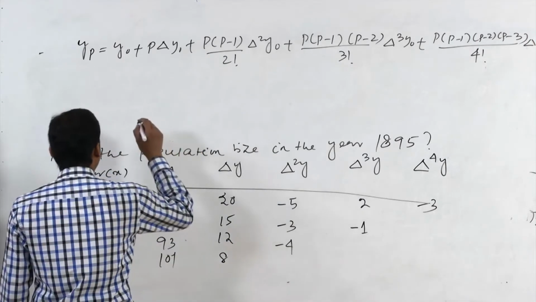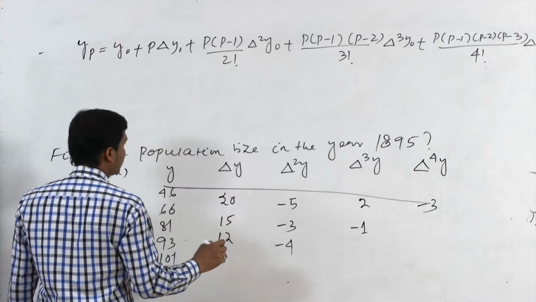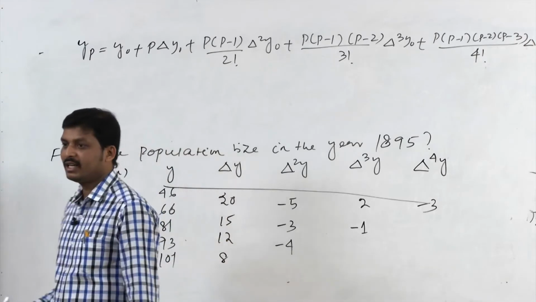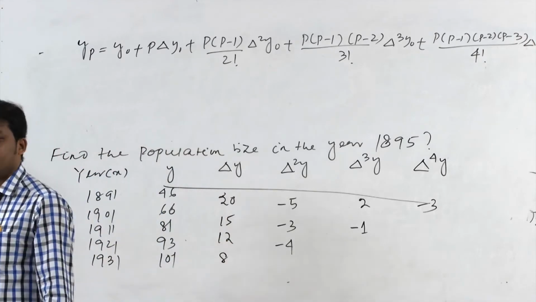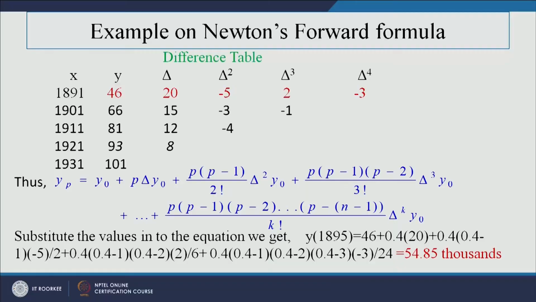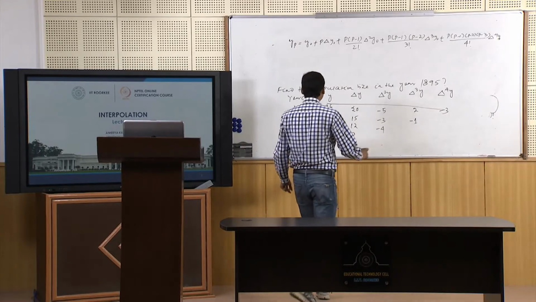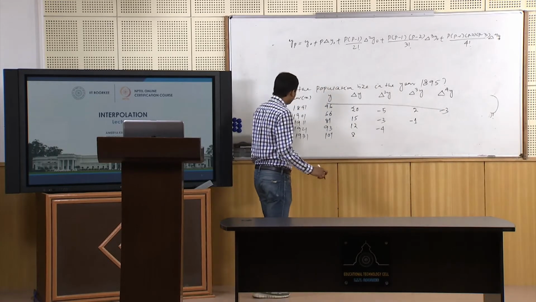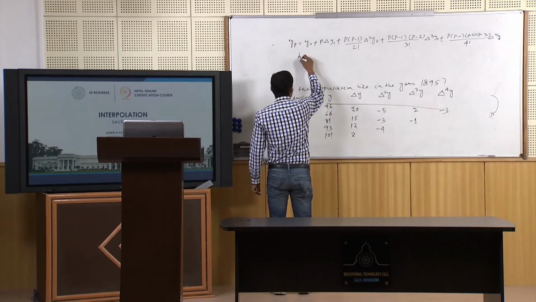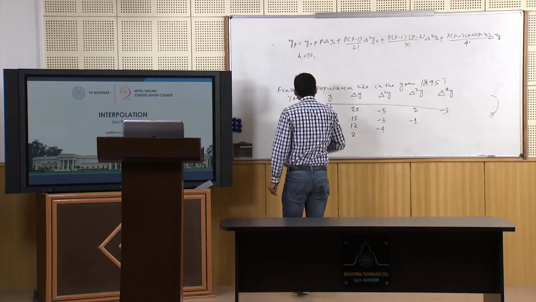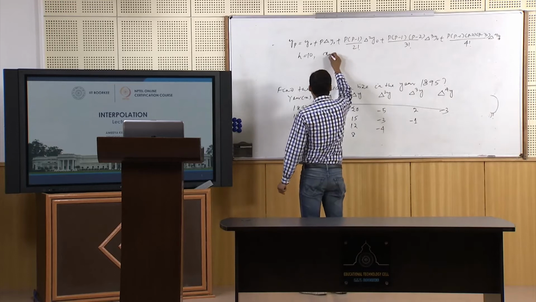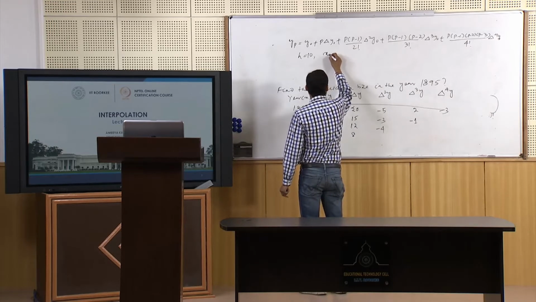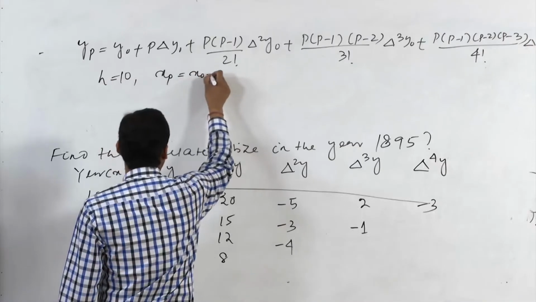To compute p first, since we are asked to find the value in the year 1895, we first have to find the value of p. The spacing here is 10, and usually the formula is written as x_p equals x0 plus ph.